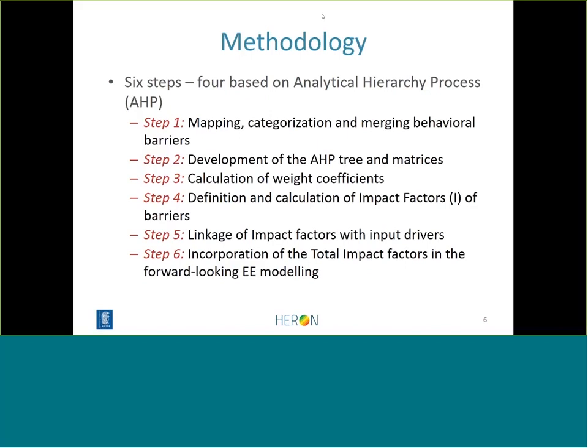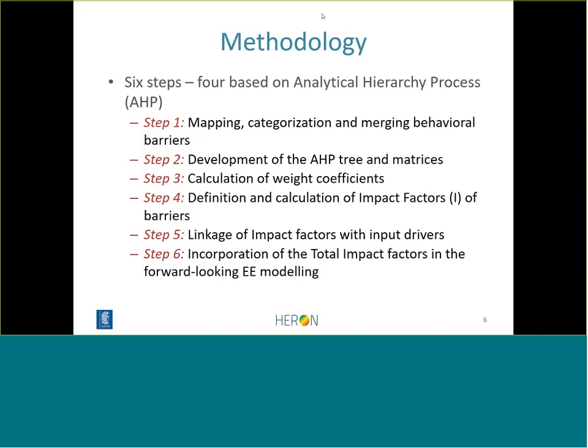In step 1, we have the mapping, categorization, and if necessary, the merging of the behavior barriers, because some had the same name and had to be replaced with only one representing everything. Then we developed, based on step 1, the AHP tree and its matrices.